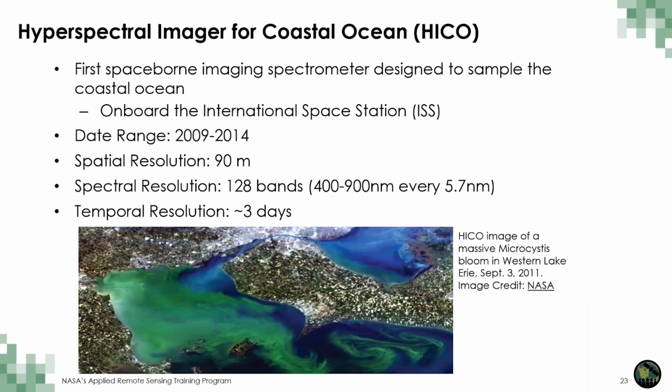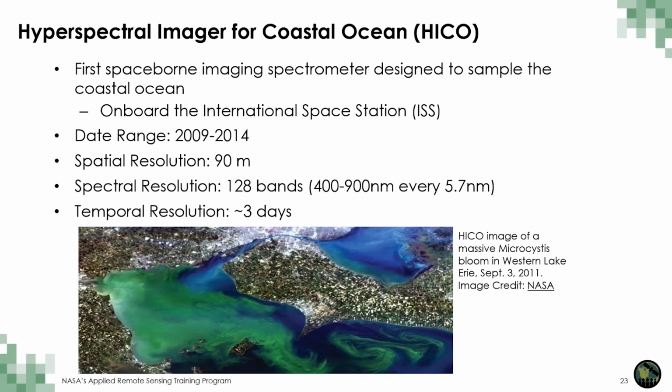Now here's a reminder of some of the characteristics of HICO, since it was particularly designed for coastal systems. HICO was used to sample specific coastal regions at 90 to 100 meters spatial resolution, with a spectral coverage from 380 to 960 nanometers, with bands sampled every 5.7 nanometers.